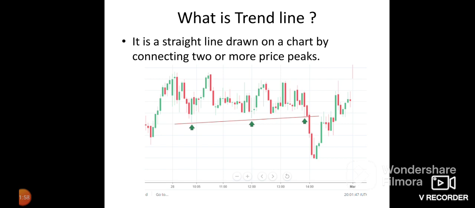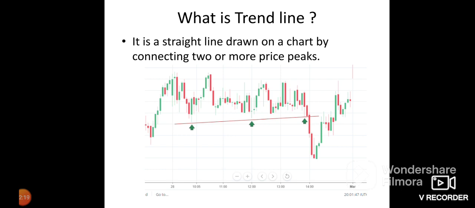This is a support level trend line. You can clearly see that it is touching the trend line 3 times, 1, 2, 3, and once it breaks, it gives a big move after breaking the support, right?